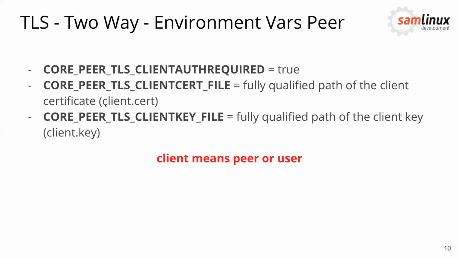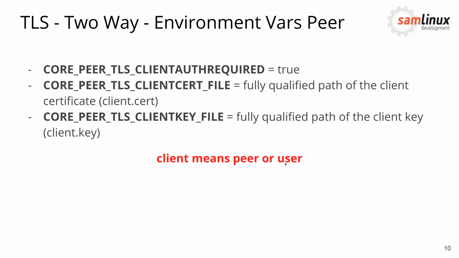So when we see, this is called the client cert and the client key. And when we look into the folder structure, we will find a client cert and the client key. But we will see that later. And the client means peer or user.